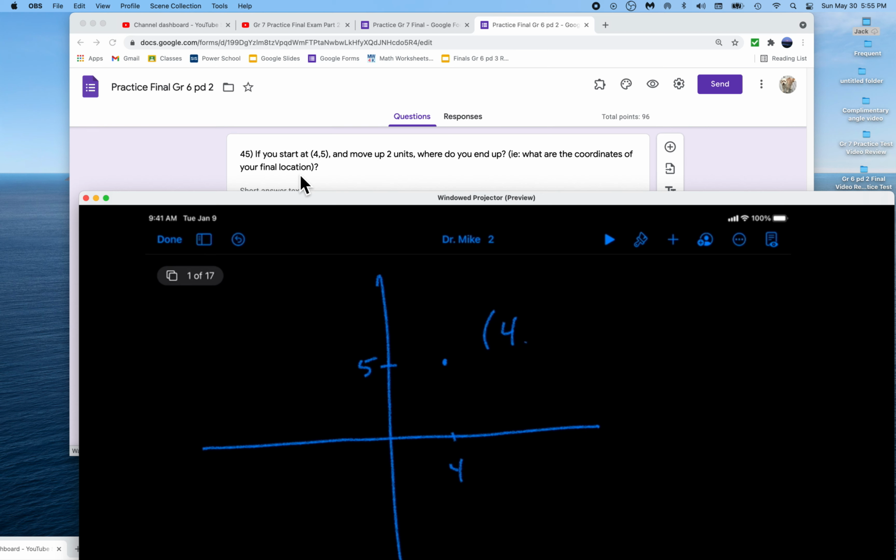This is 4, 5. And now you move up 2 units. So you end up there. Your x value stays the same because you're not moving left or right, you're going straight up. So whenever you go up or down, it's your y value that changes. So this final answer is going to be 4, 7.